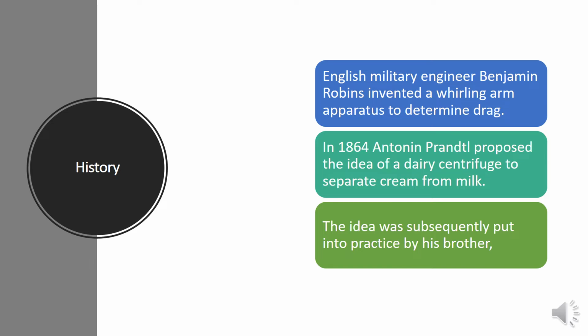The idea was subsequently put into practice by his brother, Alexander Prandtl, who made improvements to his brother's design and developed a working butterfat extracting machine in 1875.